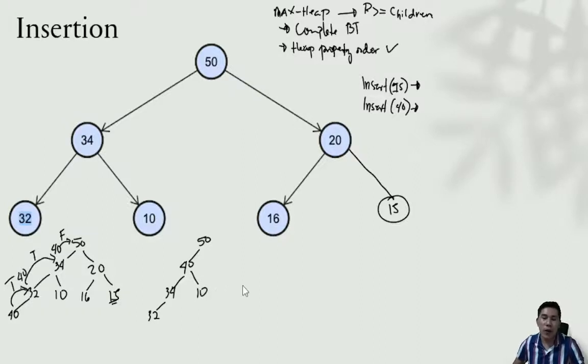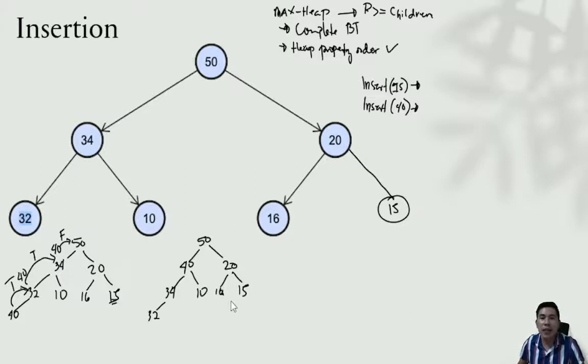Okay. So that is now the updated binary tree of our binary heap after inserting 40. So you have here, of course, 20, 16, and then you have 15. Okay.